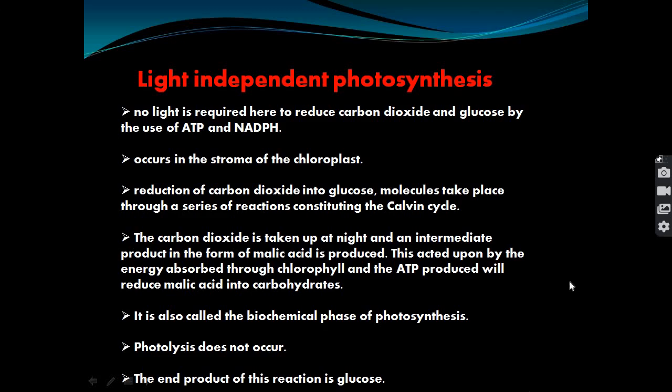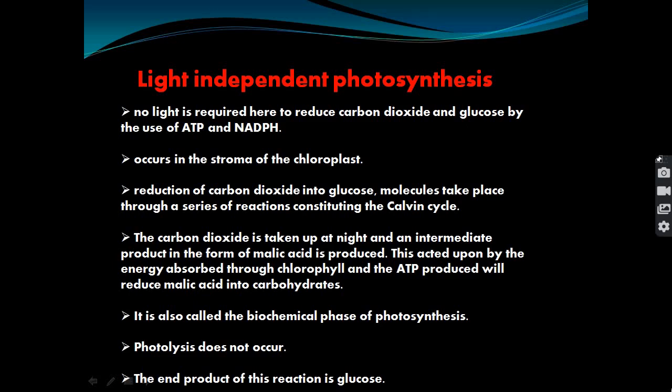And also the carbon dioxide is taken up at night, that is, absorbed at night, and an intermediate is produced called malic acid. This acts upon the energy absorbed through chlorophyll, and the ATP produced will reduce this malic acid to carbohydrate.